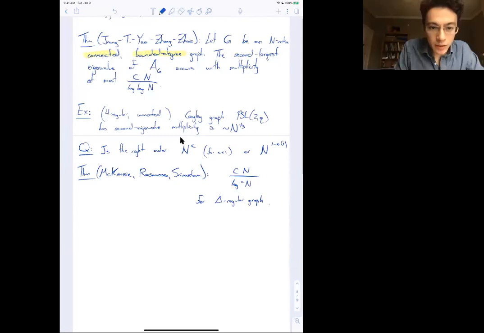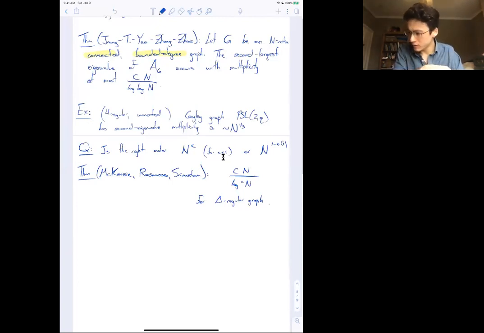So I see a question in chat. I believe it's actually been known for a long time that this d times (d plus 1)/2 bound can only be achieved in some very sparse set of dimensions.